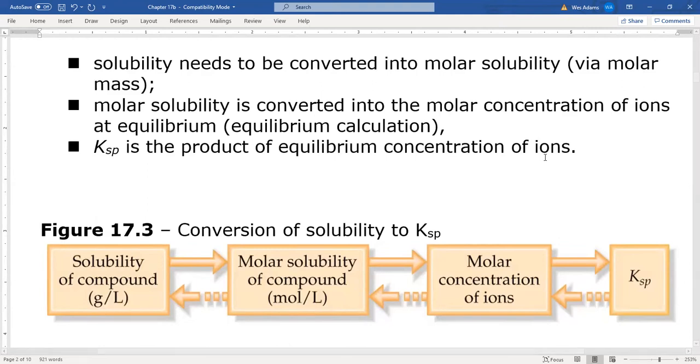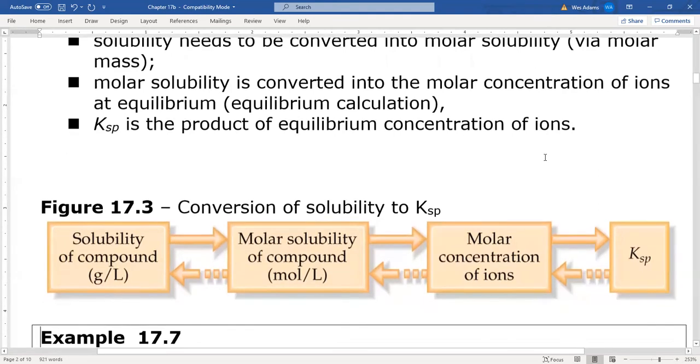If I got a solubility in grams per liter, I can divide by the molar mass and get moles per liter and get molarity, but I'll have to look at my stoichiometry to get the molar concentrations of the ions, but then I can use my Ksp expression to get the Ksp from the molar solubility. Or I could start with the Ksp and get the molar concentration of the ions and then the molar solubility of the compound. I could also do it backwards.